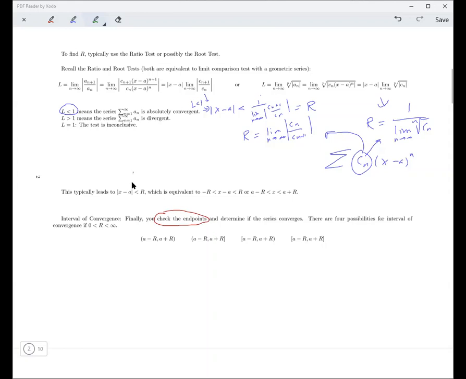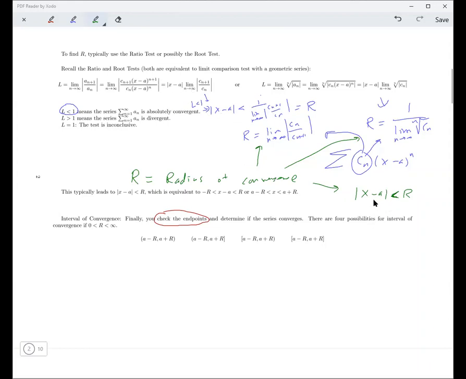Okay, so, but the thing is that R is the radius of convergence. And here's two ways that you can find it. Okay, or a third way would be to use this right here, L less than 1, to get something like this.